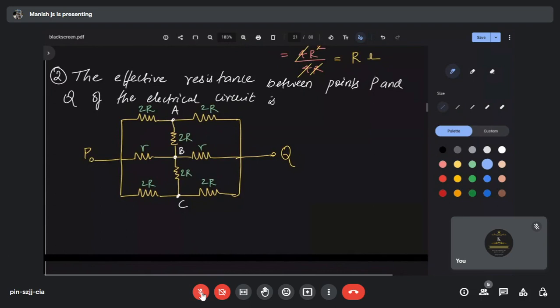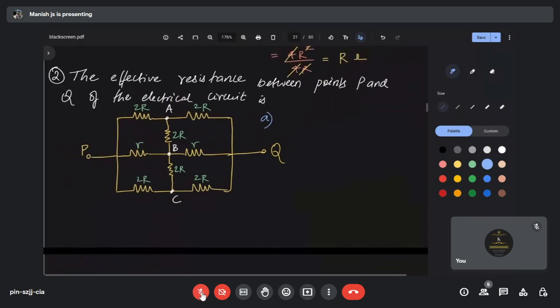So the options are: option A, 2 times capital R times small r upon capital R plus small r. Option B, 8 times capital R the whole times R plus small r upon 3R plus small r.